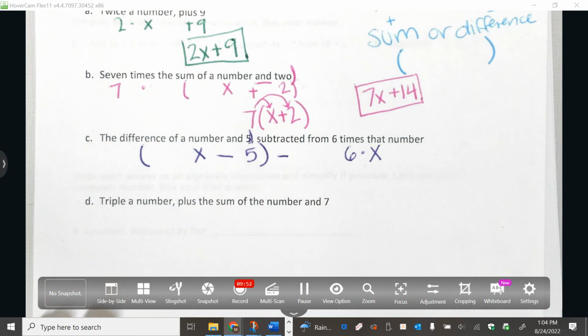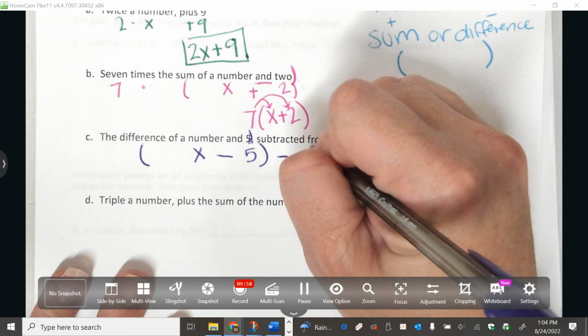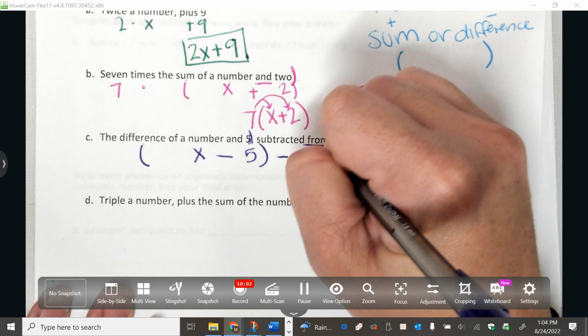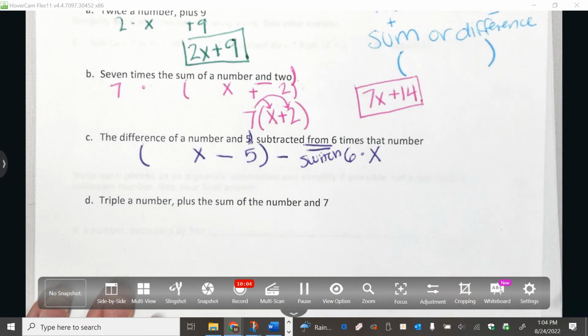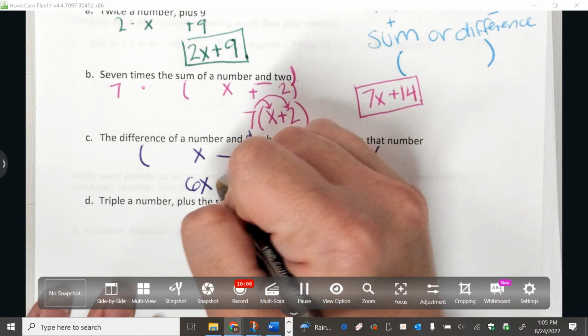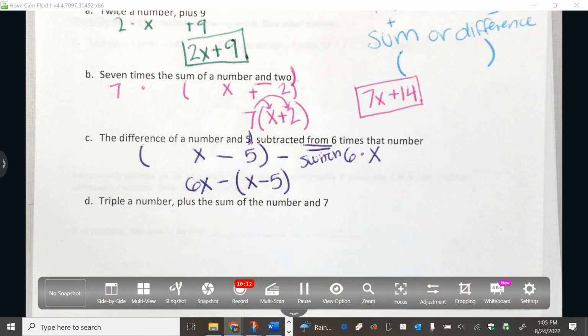Okay, what word did I skip over that we talked about earlier? From. What does from tell me to do? Switch. So what should come first? The 6x, right? And that's being subtracted from this parentheses x minus 5.